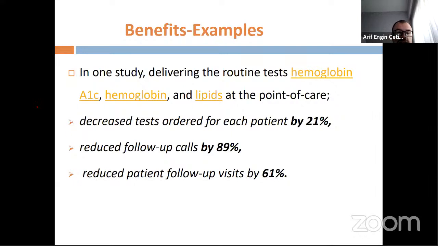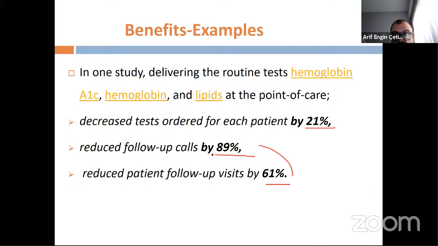Another example: delivering routine tests for hemoglobin A1C, hemoglobin or lipids at the point of care could decrease the test orders for each patient by 21%. It could reduce follow-up costs for the healthcare administration by 89% and also reduce patient follow-up visits to the hospital by 61%.